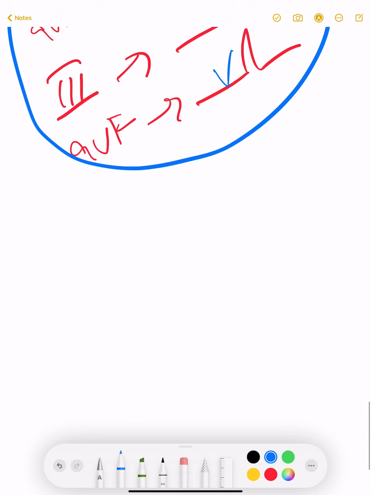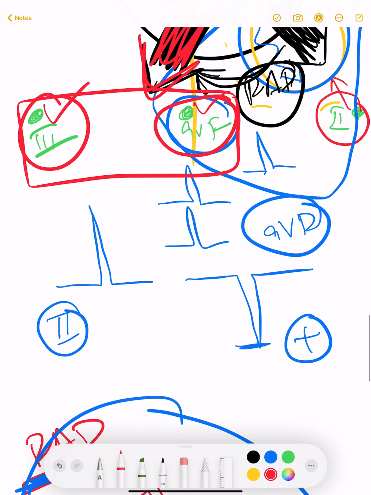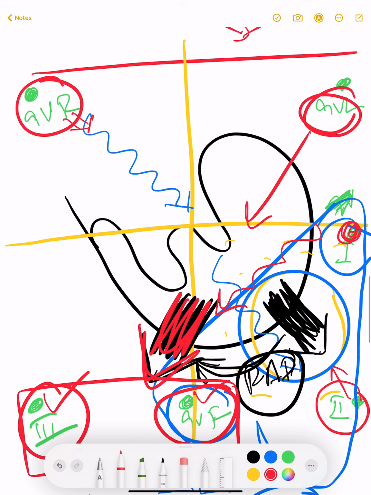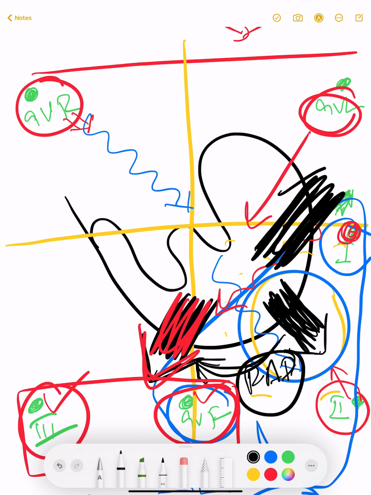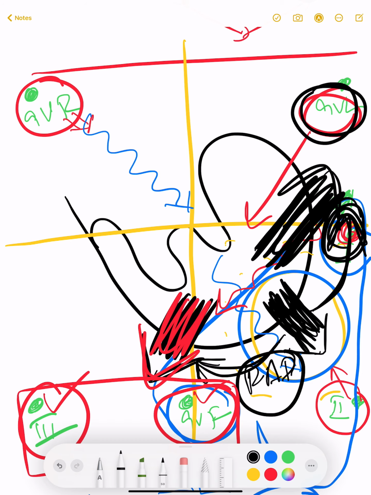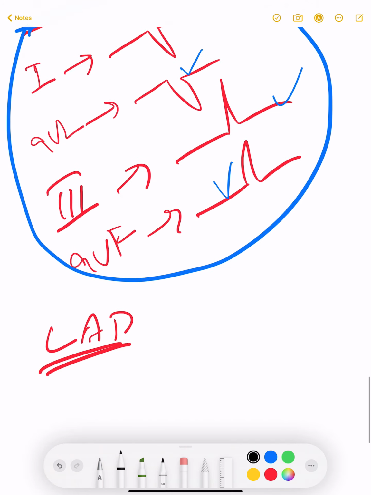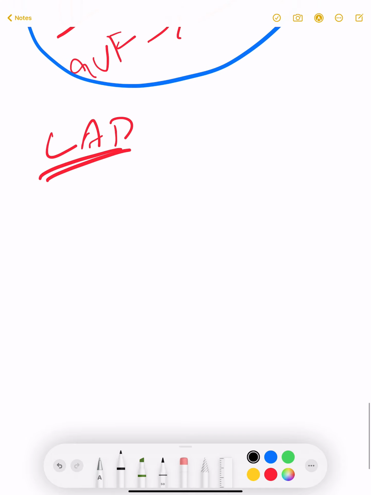So what happens in left axis deviation? Let's go back to this photo again. In case the axis goes here, meaning it goes to the left, what will happen? Lead AVL and lead 1 will show a positive deflection. So it will be the opposite.